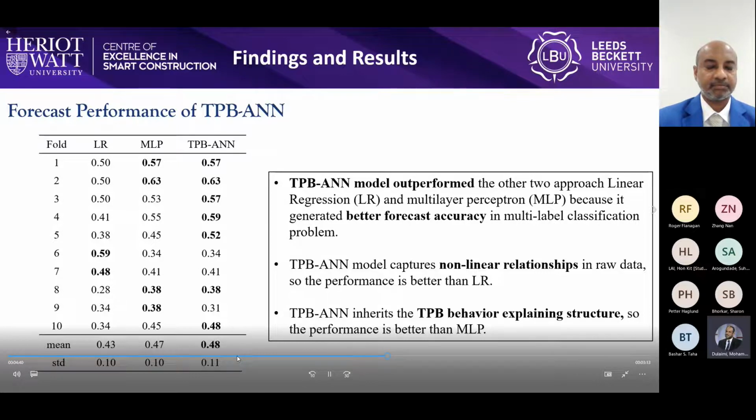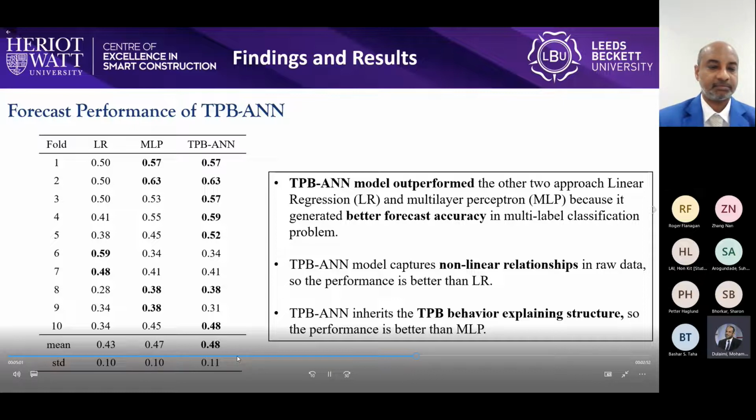LR is chosen to show the capability of processing nonlinear relationship in raw data, and MLP is one of the classic AN models, which did not contain the TPB information. MLP is chosen to show that the integrating of TPB structure indeed helps increase the model's forecast capability.